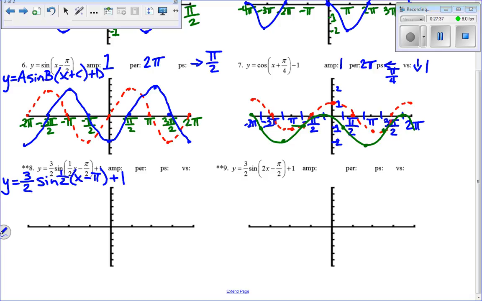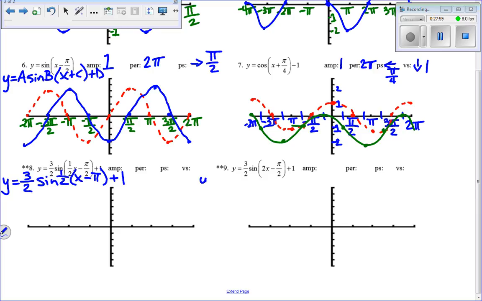Okay, does that make sense? Okay, so you'd have to do the same thing for number 9. And you'll notice something about 8 and 9 when you graph them. They'll look quite similar.